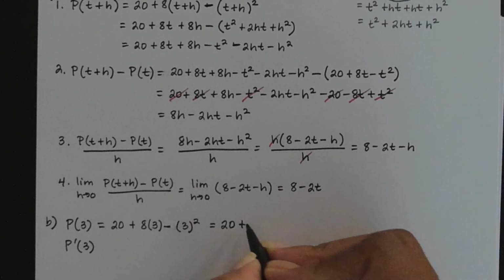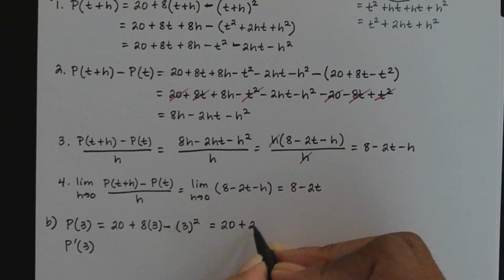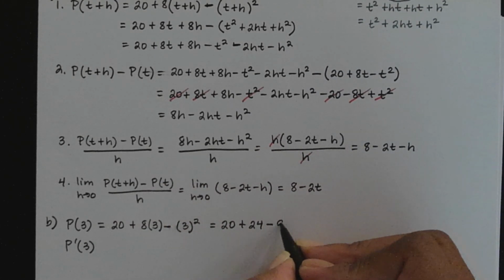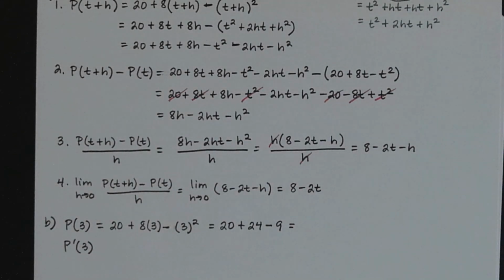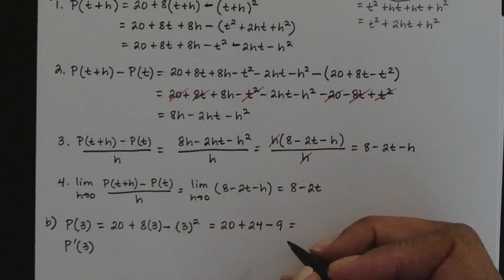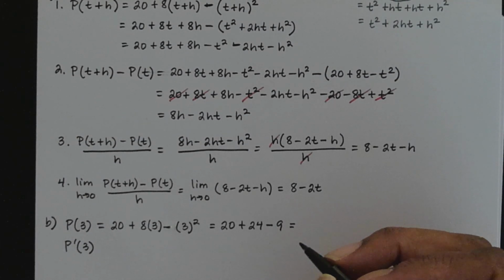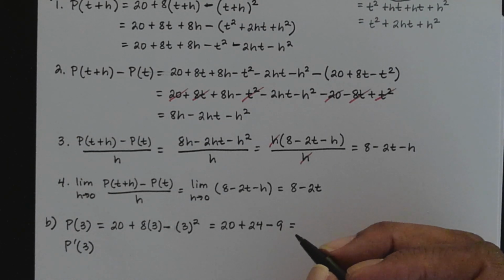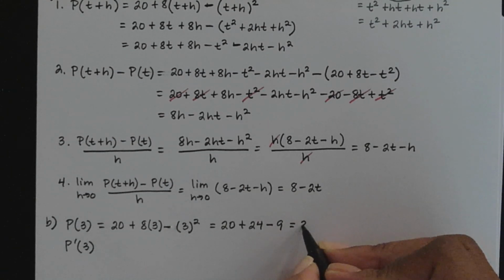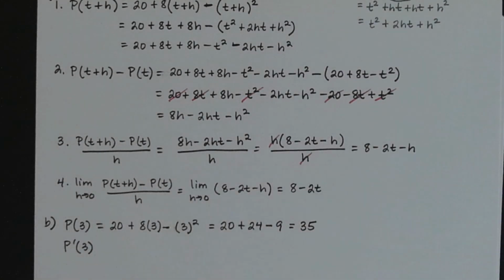So I have 20 plus 8 times 3 is 24, minus 3 squared is 9. And what's 20 plus 24 minus 9? Yeah, 35. All right, so P of 3 would be 35.